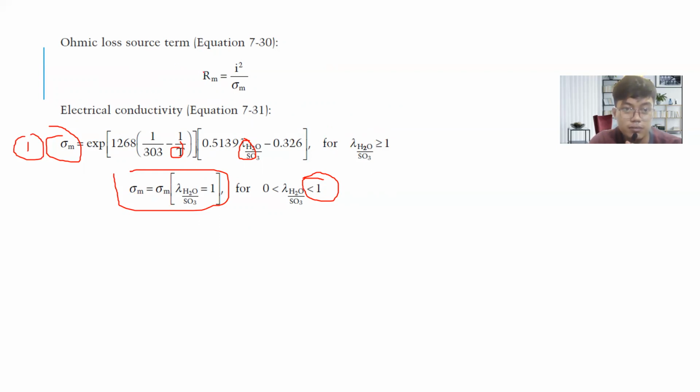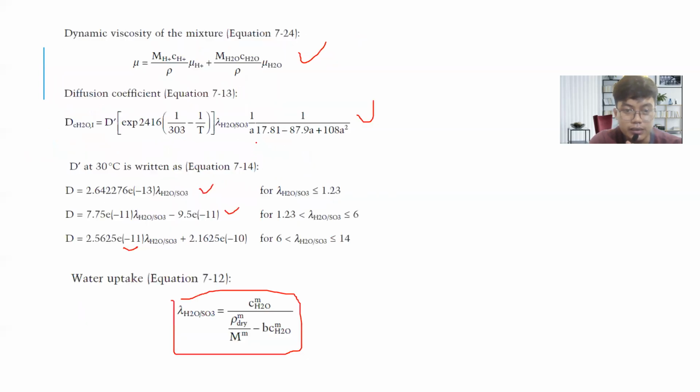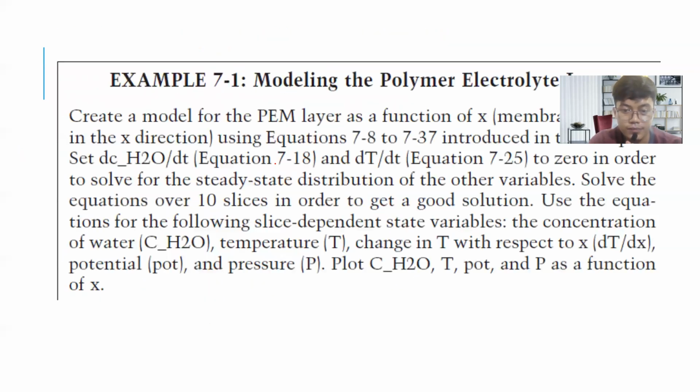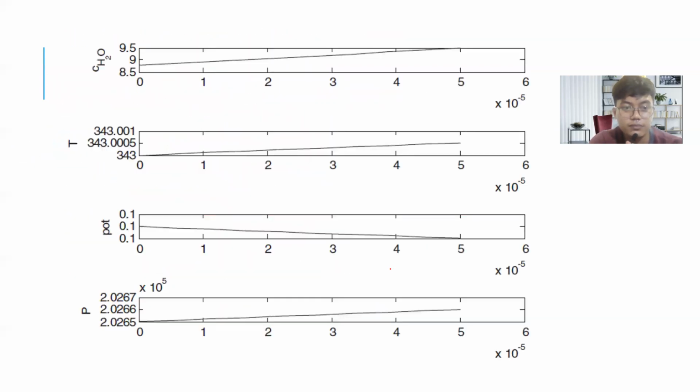For the ohmic resistance, the resistance is equal to I squared multiplied by the electrical conductivity. All of the formulas are already shown in this chapter, so we have to calculate the temperature, pressure, potential, and also the concentration of the water.